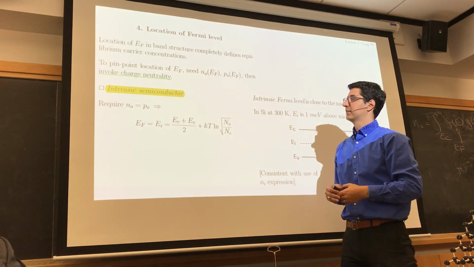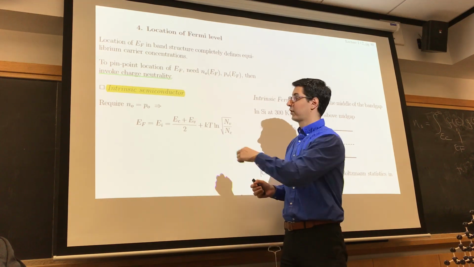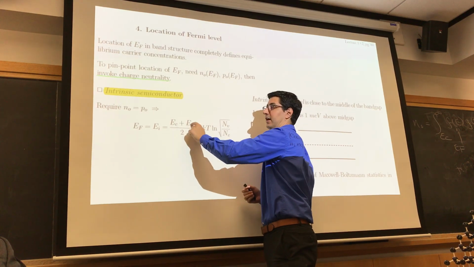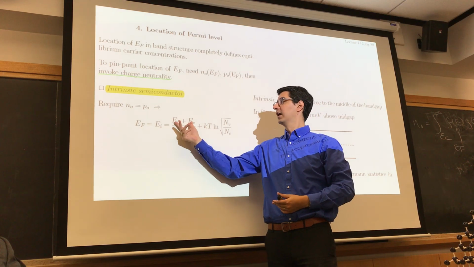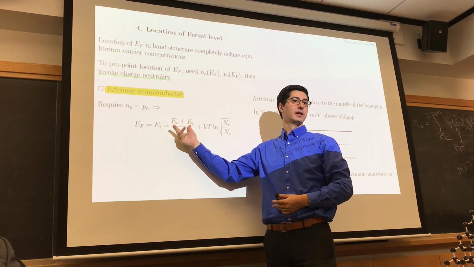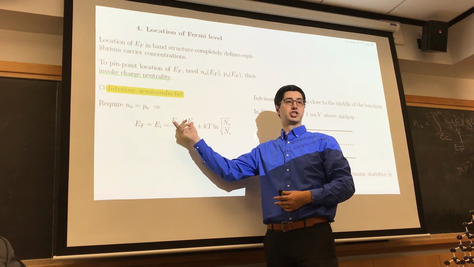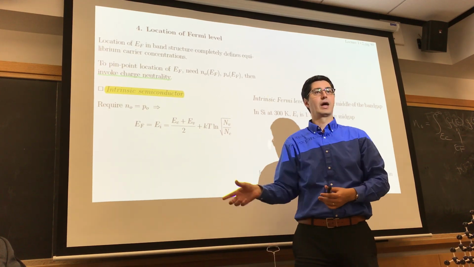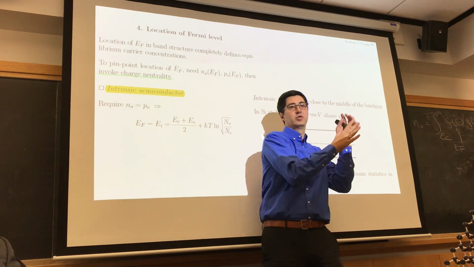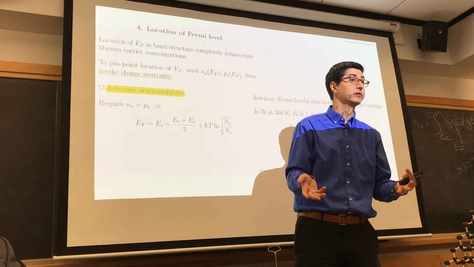So in this case, this is in reference to the energies of my conduction band and valence band. So I could shift these both by a fixed amount. I can shift my energy scale around, and that's just going to shift E_F by the same amount. There's no absolute energy.